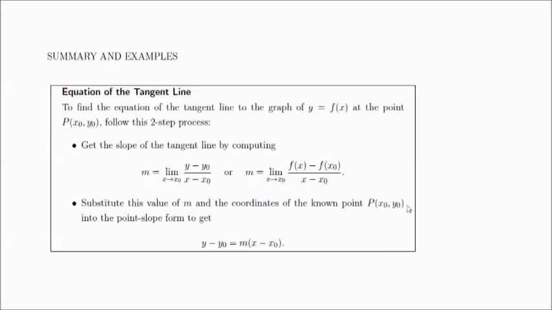Then, applying the point slope form, class, we get the slope using this formula, and then you have the single point.